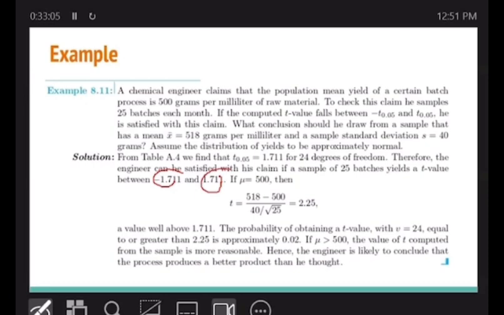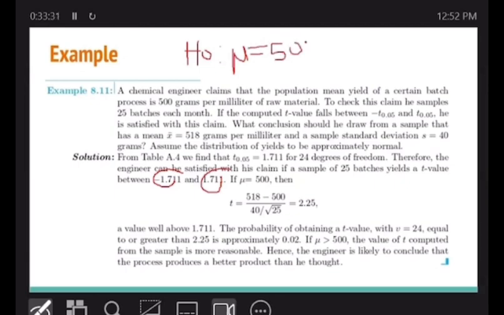Now, let me tell you this. It's like we have two hypotheses here. We're still going to do hypothesis testing. The first hypothesis that we call H naught is going to support the claim of the engineer that the population mean is 500.